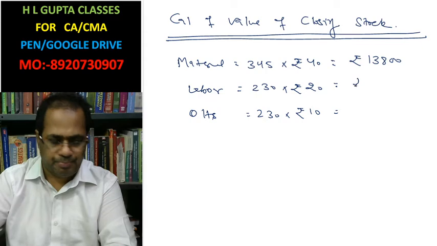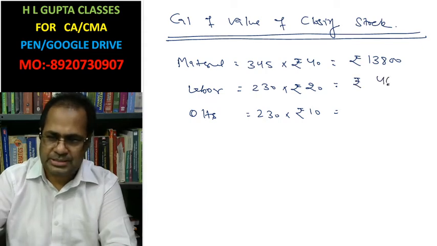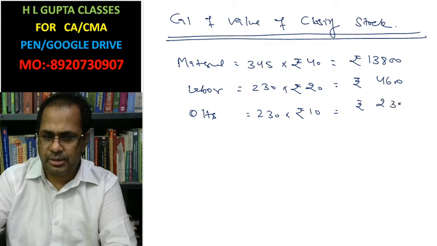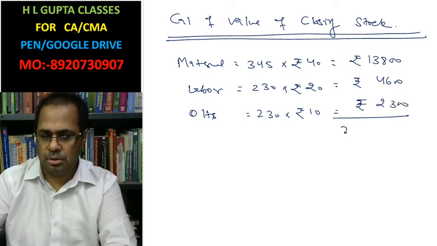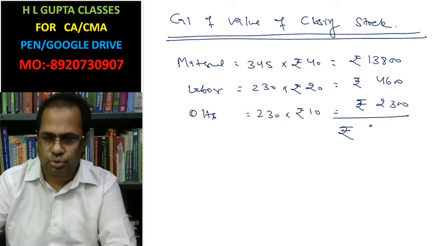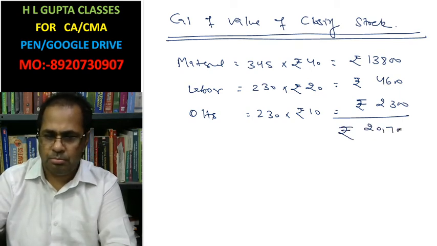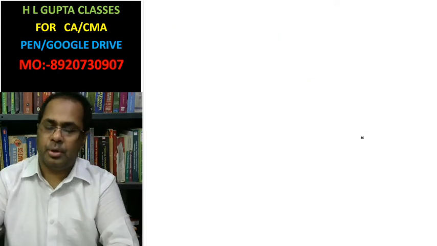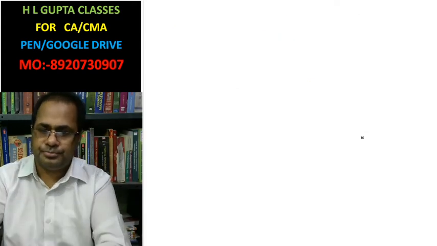That gives 13,800, 4,600, 2,300. Rupees 20,700.